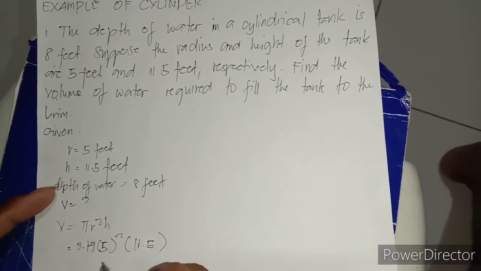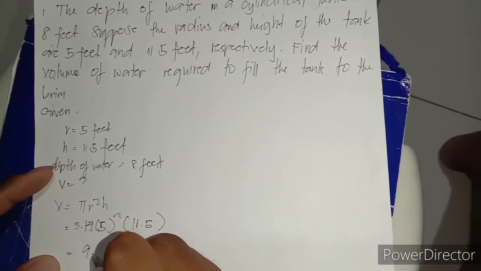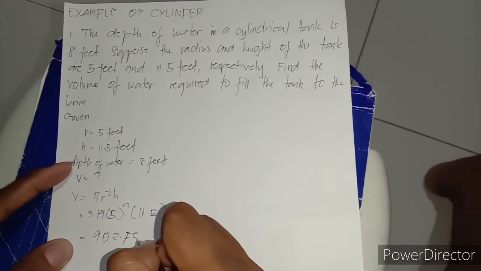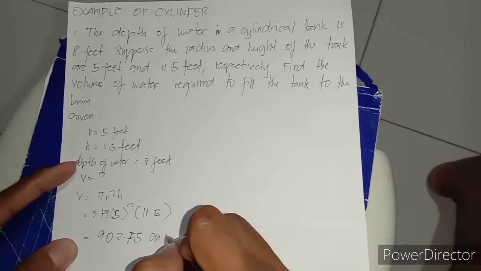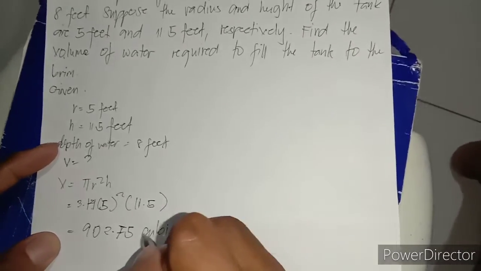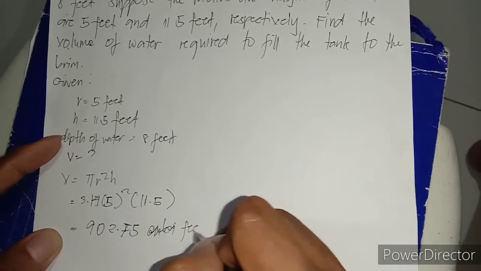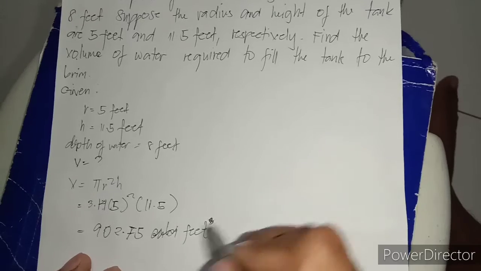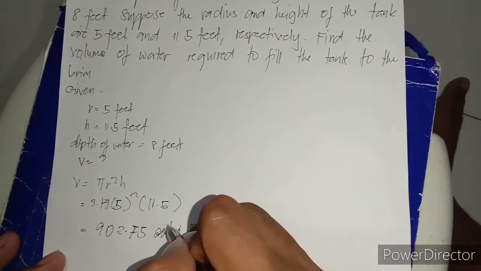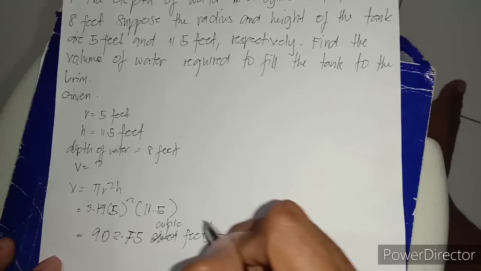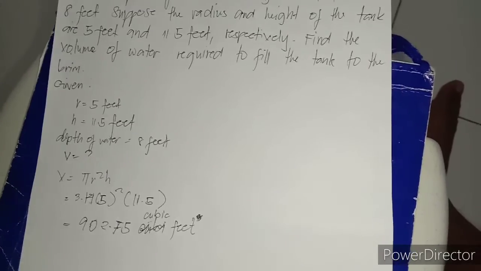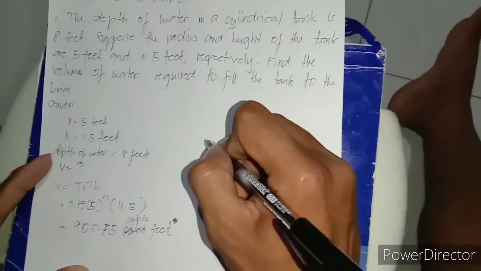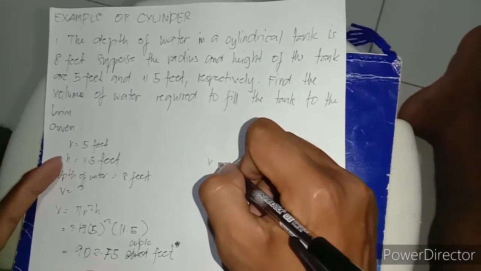So equals 902.75 cubic feet. Then we will find the volume of water in the tank.